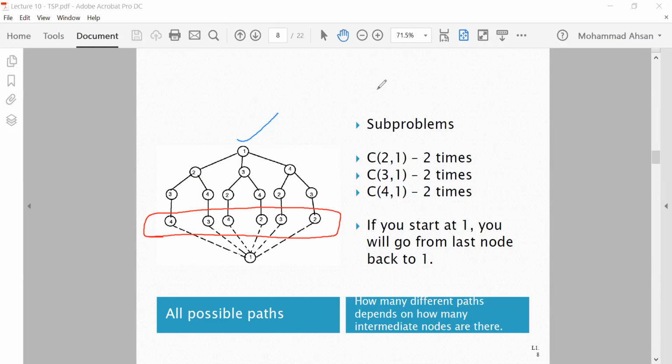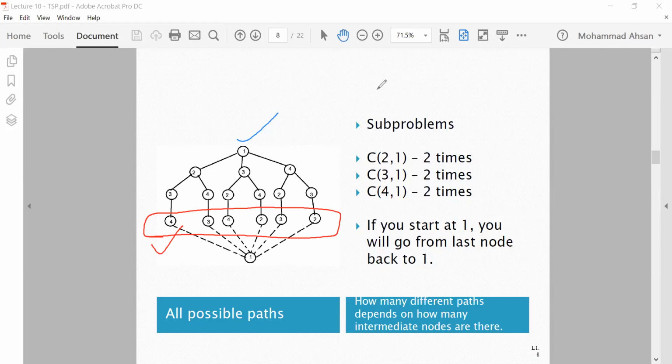So you might take any of these 6 paths and you can end up in this level. If you see in this level, you end up on city number 4 twice, city number 2 twice, and city number 3 twice. So one of the cities in the rest of the cities is going to be the city where you end, and from there you have to come back to 1.